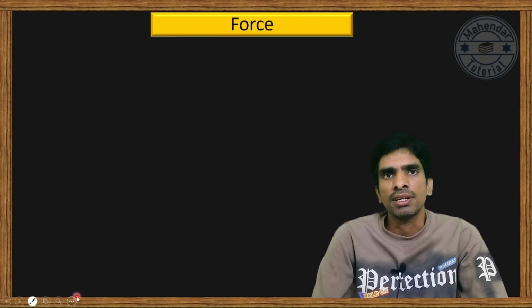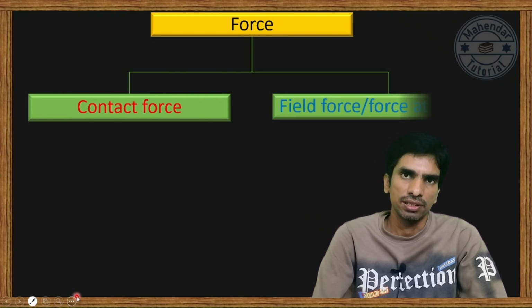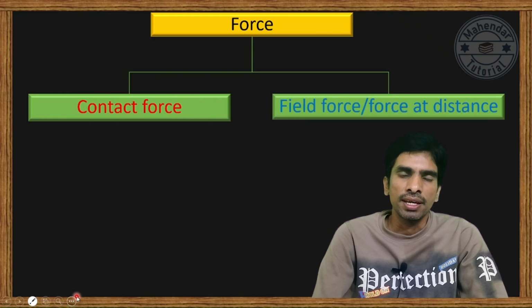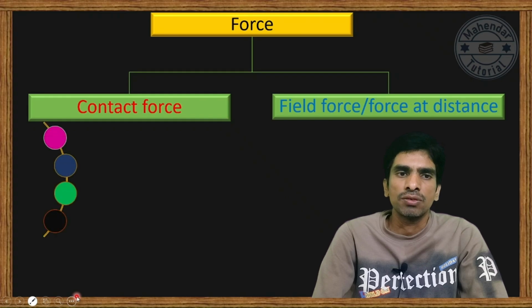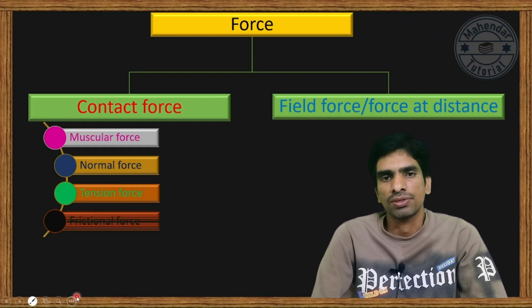Force can be classified into mainly two types. One is contact force, another one is field force or force at a distance. Contact force is divided into four types. First one is muscular force, second one is normal force, third one is tension force, and last one is frictional force.